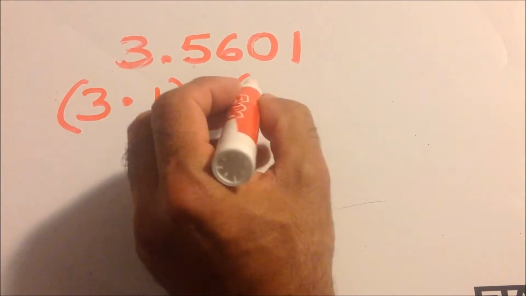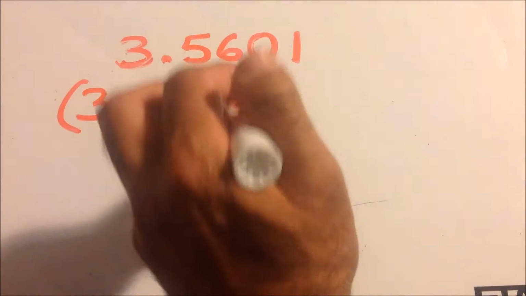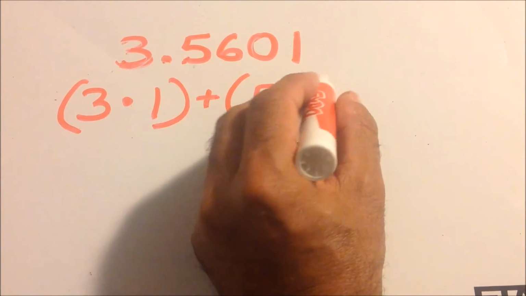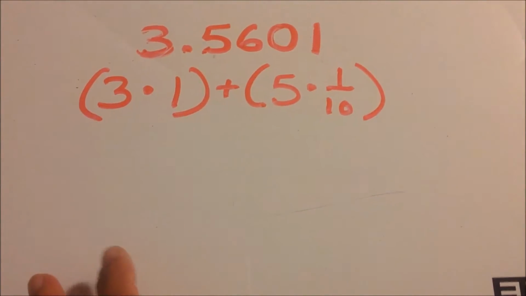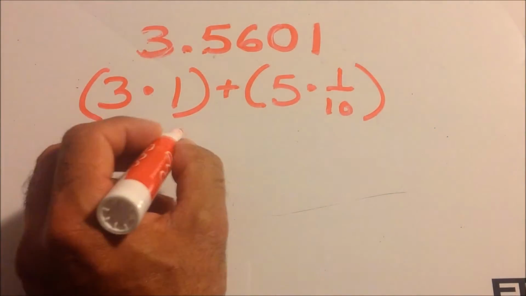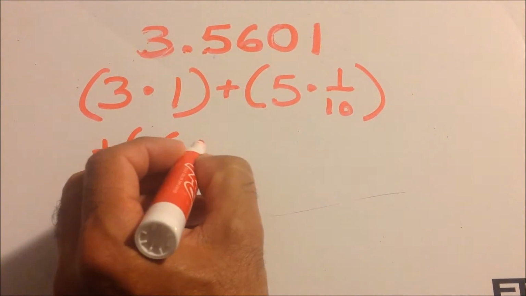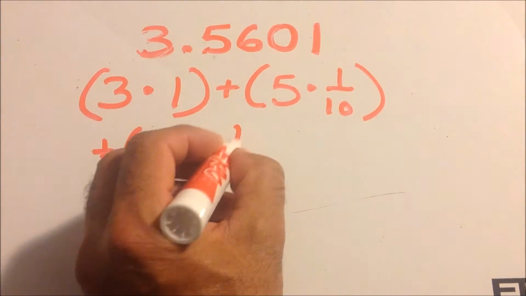Plus, we can do what? 5 times, and now when we do decimals, we have to use fractions. So this is in the 10th place. Plus what? What's the next one? Plus 6 times, remember we're using that dot for the multiplication sign. This is in the 100th place.